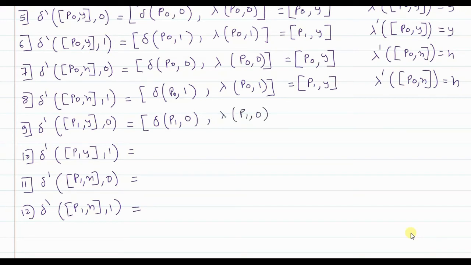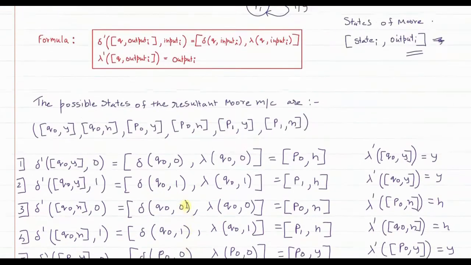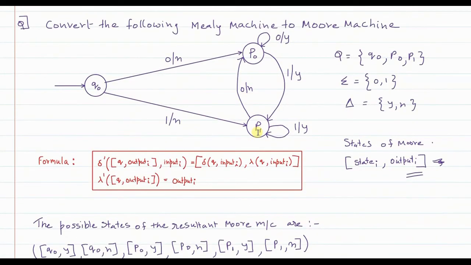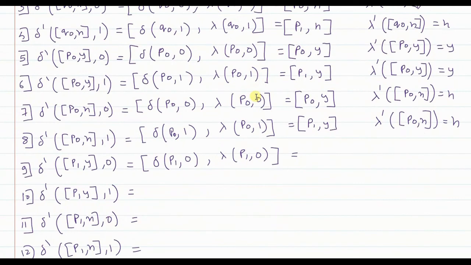So for the next formula, delta of the state P1 comma input 0, comma lambda of the state P1 comma input 0, what will this be? So P1 on 0, have we calculated it already? No, so that we'll calculate. Let's see the diagram. Transition of state P1 on 0.